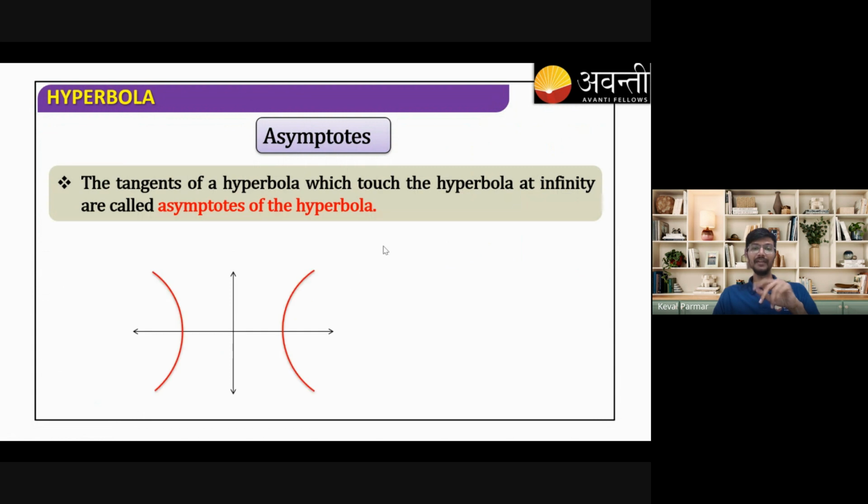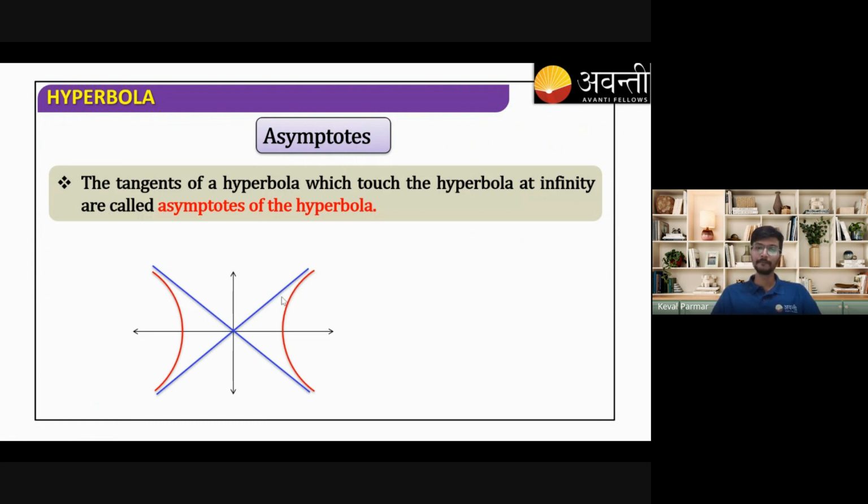So, if I try to draw the hyperbola, it looks like this. What will be the asymptote? Please remember, to draw an asymptote, basically you just need to draw a tangent, but the tangent should be such that it does not intersect the hyperbola. So here, the asymptotes will look like these, the blue lines.